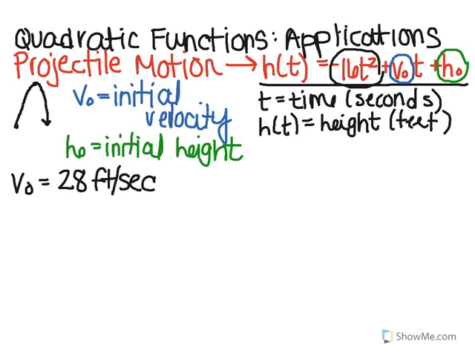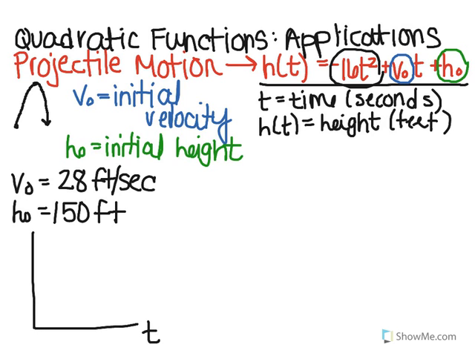And let's say the initial height is 150 feet. What that means, if I try to construct a graph out of this, is that the x is now our time and the y is now our height.